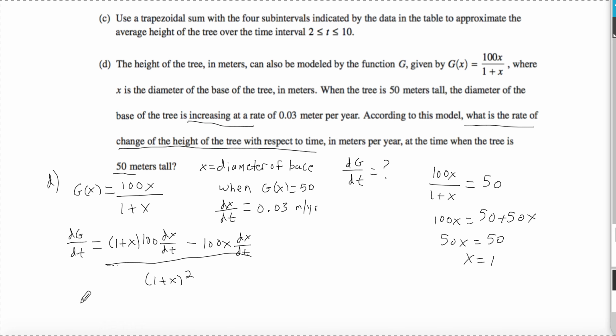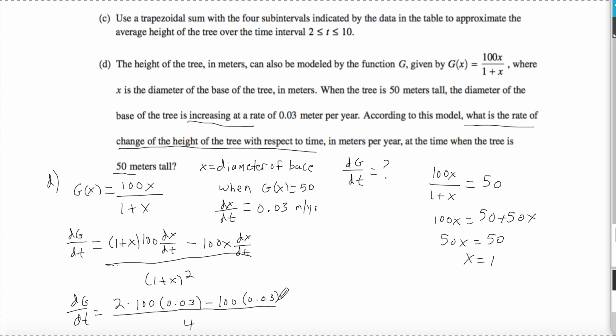So I can go ahead and plug in everything I know. dg dt is going to be, well, when x is 1, that'll be 2 times 100 times 0.03, minus 100 times 0.03, all over the quantity 1 plus 1, that's 2, squared, that'll be 4.